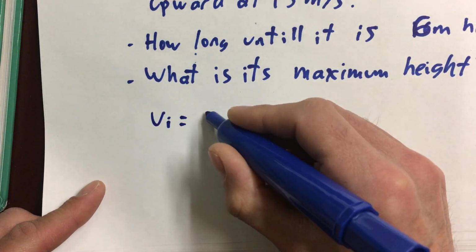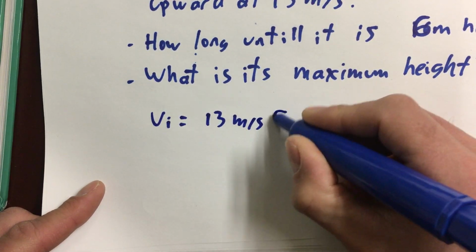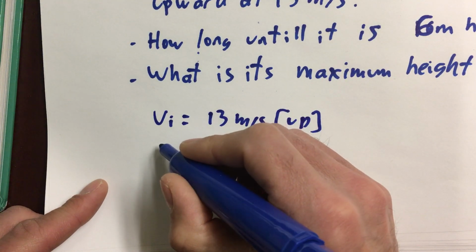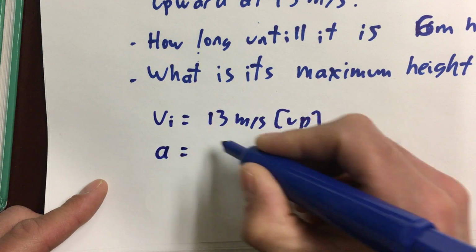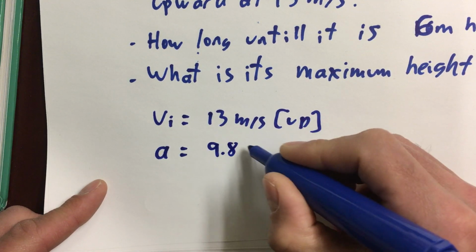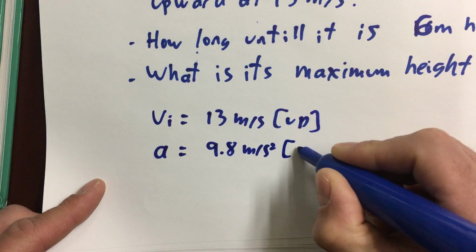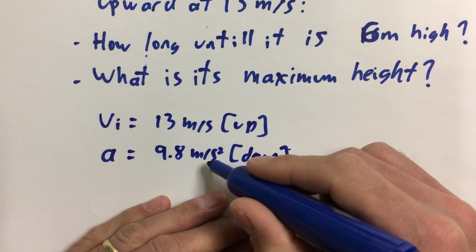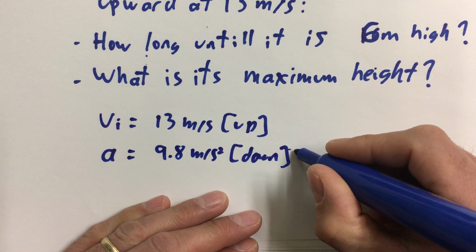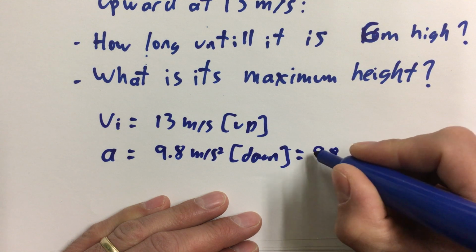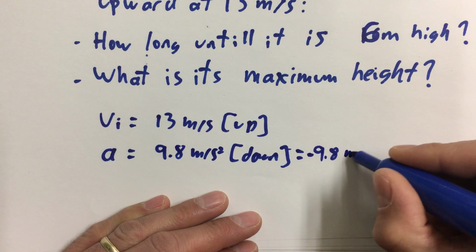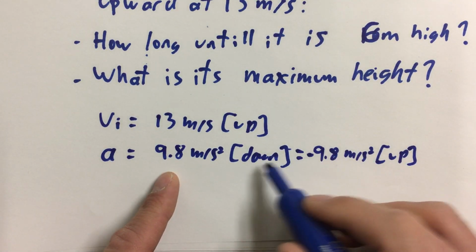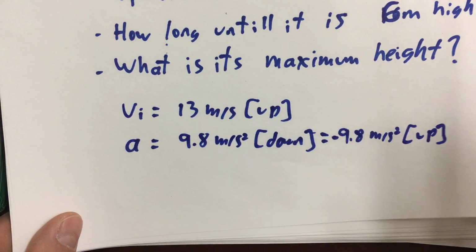Our initial velocity is 13 meters per second up. We must state the direction. We also have an acceleration, and our acceleration is 9.8 meters per second squared down. Now, 9.8 meters per second squared down is also negative 9.8 meters per second squared up. So I can call it either of those and it'll be correct here.